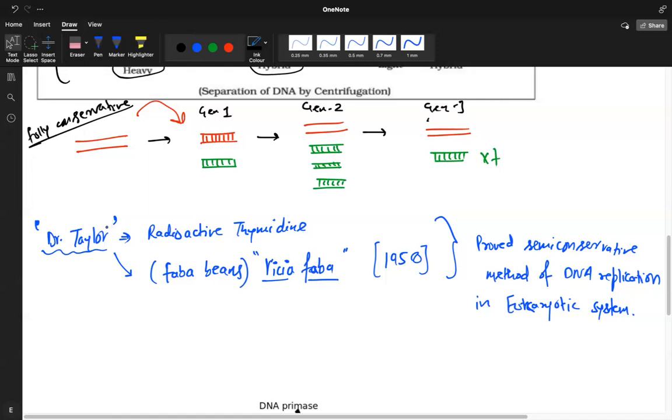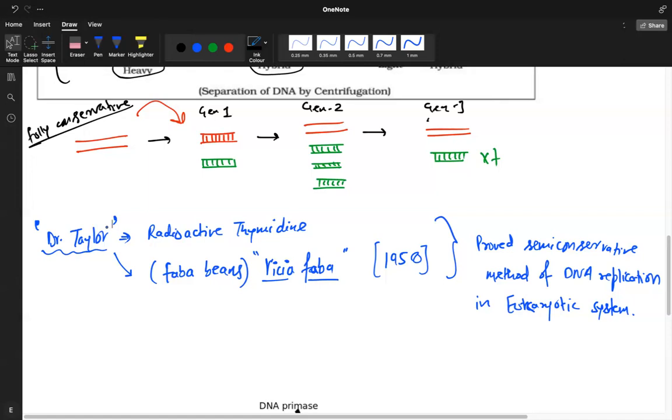It was a little complex experiment, but it proved that the semi-conservative method of DNA replication is true for eukaryotic and complex systems as well, not just for a prokaryote, which has a single DNA. So that is also kind of an answer to your question, Iram, that how it happens in chromosomes.